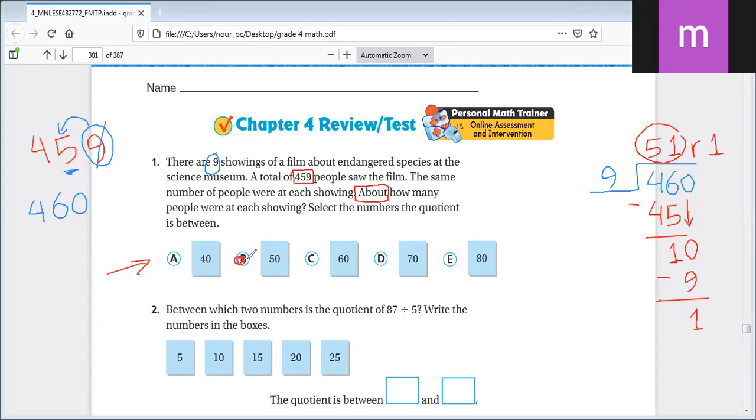Between 50 and 60. 51 is between 50 and 60. You understand that? Yes. 50, 51, 52, 53, 54, and so on until you get 60.